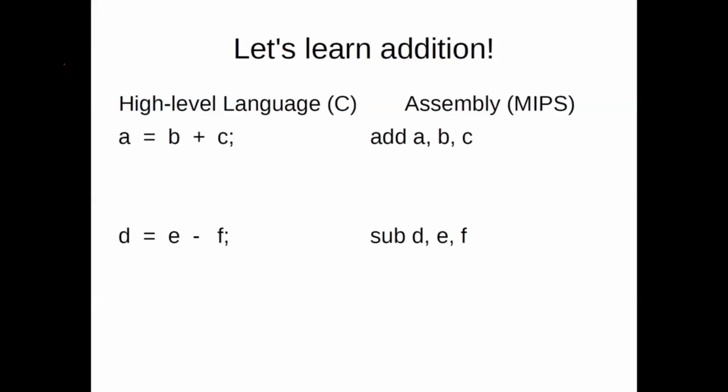Instead, we need to use register values. So, for example, we might consider allocating variables to registers. So the A variable might be allocated to $1, B to $2, C to $3. One of the jobs of the compiler is to allocate variables to registers when generating the machine instructions from a high-level language.